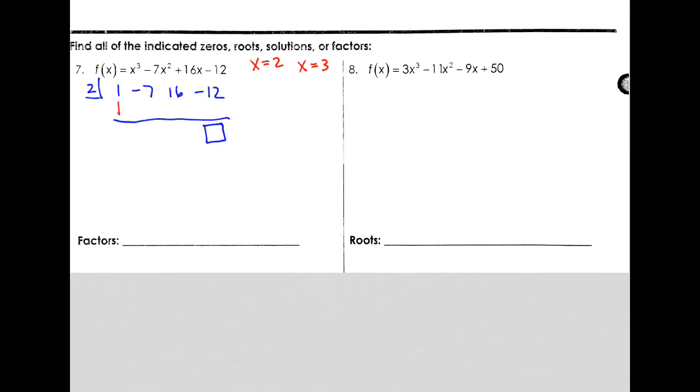So we're going to drop this 1 to start, and then you're multiplying. We just did this a second ago, so I'm going to do it pretty fast.